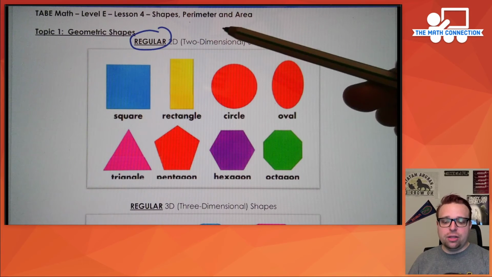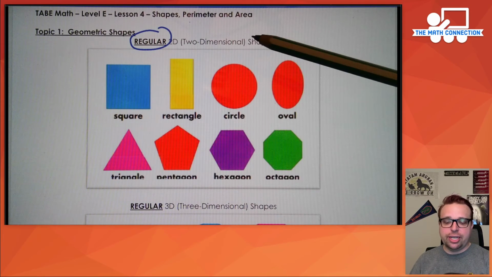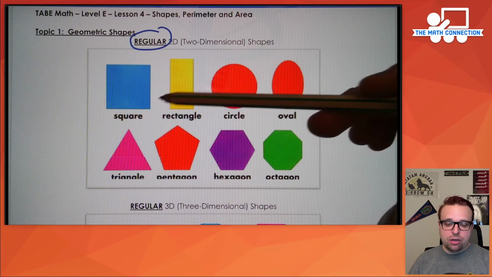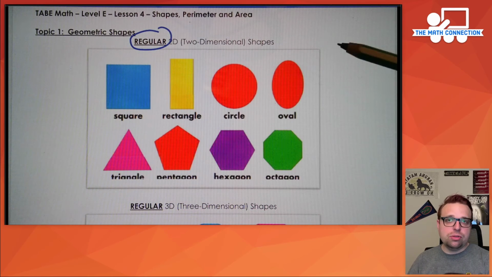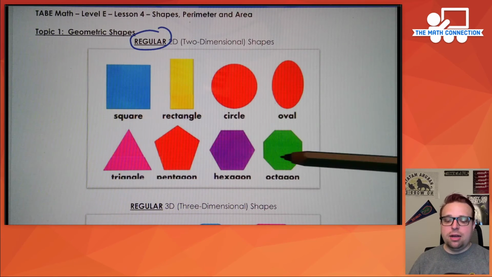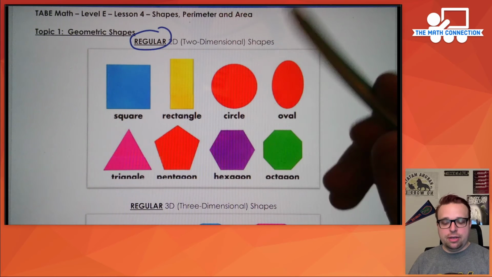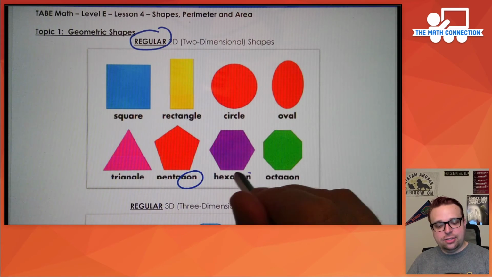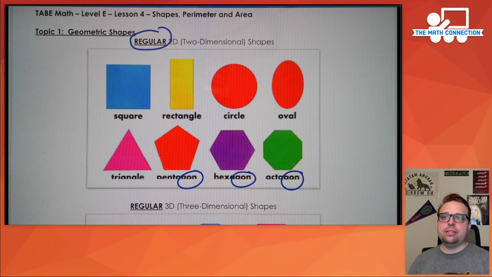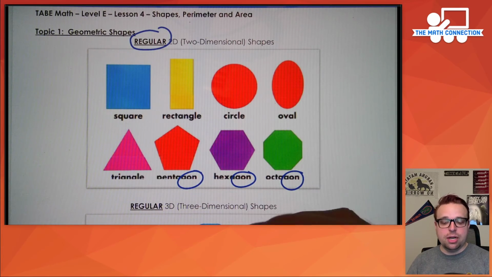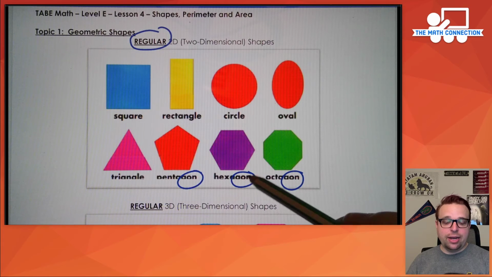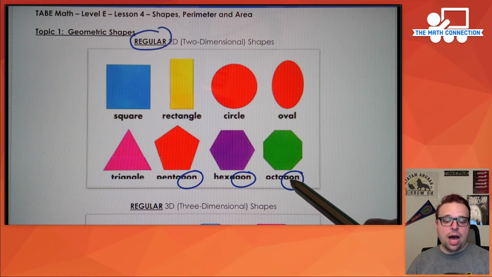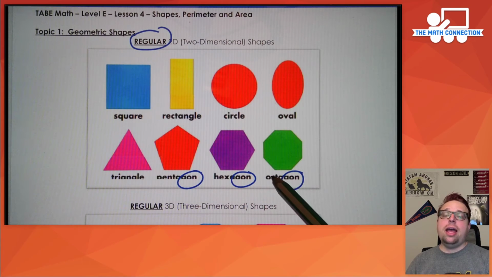Some regular 2D shapes, or 2-dimensional shapes, that you can see here are squares, rectangles, circles, ovals, triangles, pentagons, hexagons, octagons. If you notice, pentagon and above end in G-O-N. You can't really see that now because it cut off, but it's pentagon, hexagon, octagon, all ending in G-O-N.